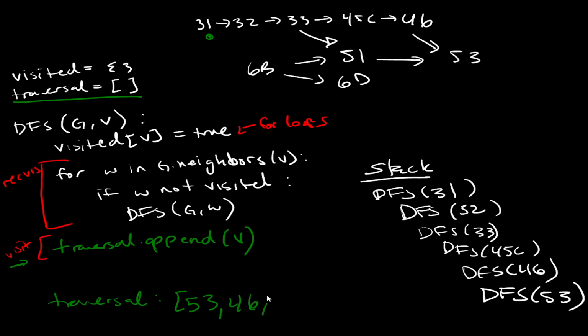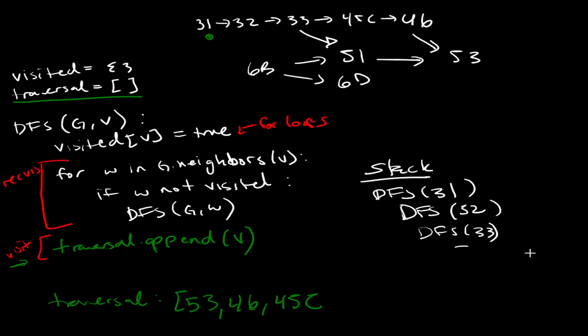So very similar to the post ordering for the tree, and then 45C. So we can maybe track the stack here, right? And then we'll go back up to 33. At this point, 33 is actually not going to get added because we had another call, right? We're in the for loop for the 33 call. After the 45C, we'll explore 51.